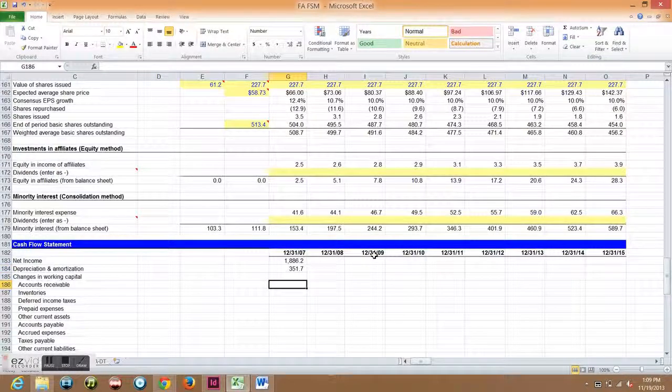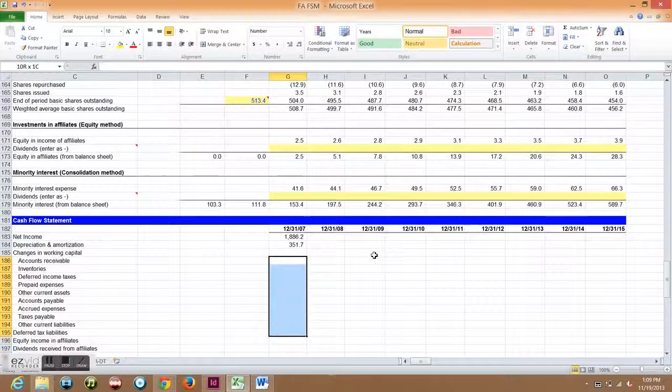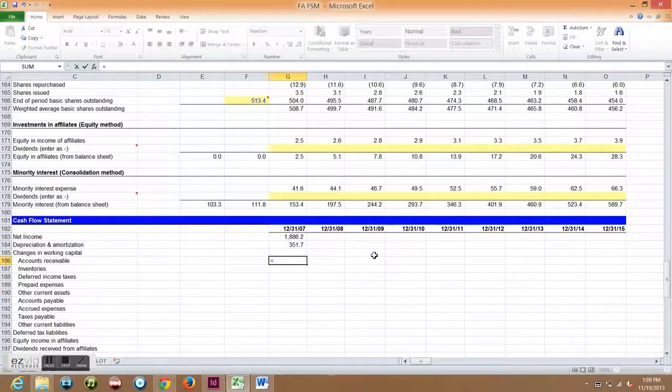Changes in working capital. This is our changes in working capital, like we said in our videos a couple of videos back. Now we're going to find the changes in our accounts receivable and so on, right? You'll notice that with assets, we take the previous year subtracted by the current year.